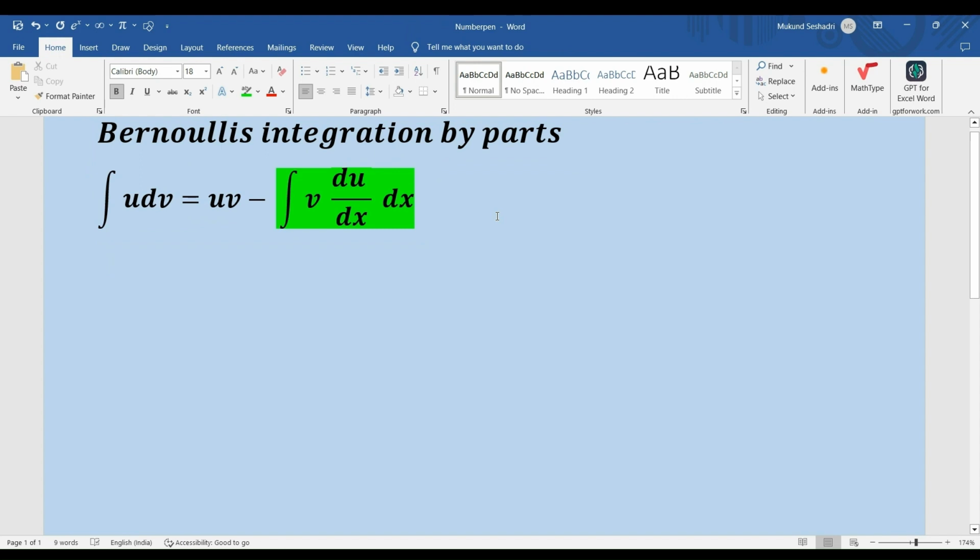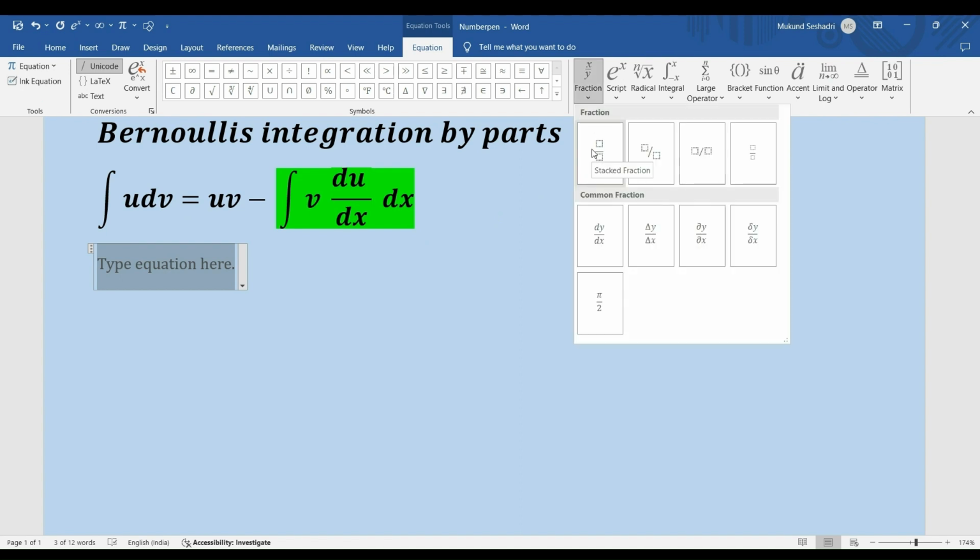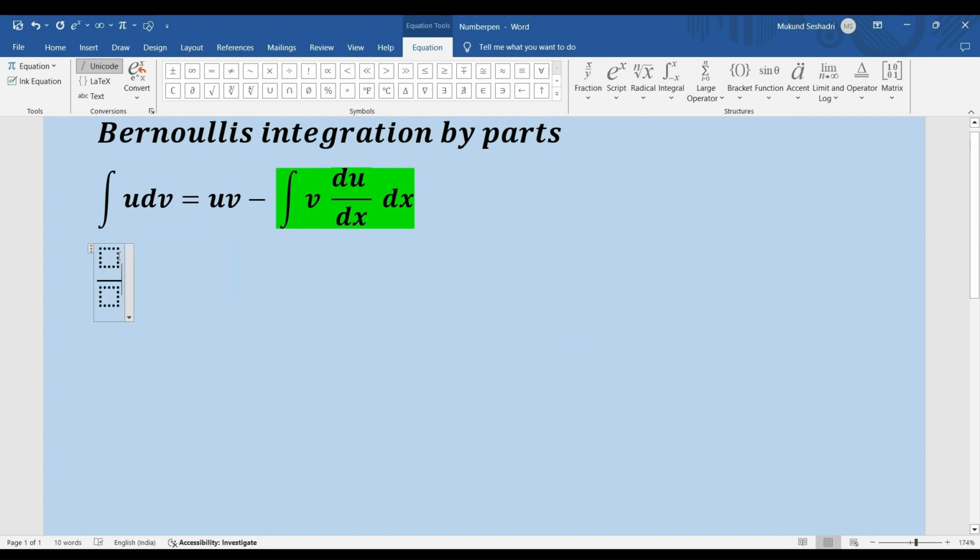I notice that I have a du by dx, which is nothing but u dashed, where the dash tells me that it's the first derivative of u. And then I have my v dx within that green expression.